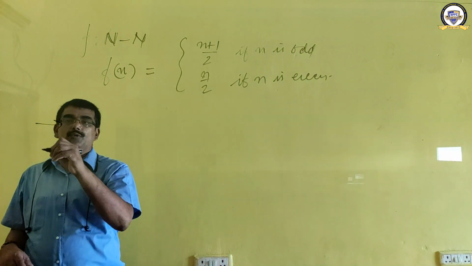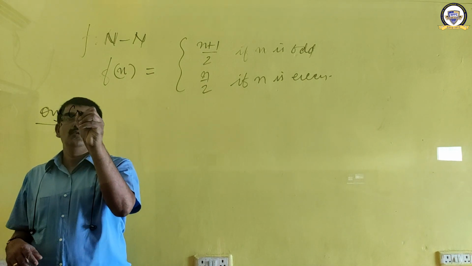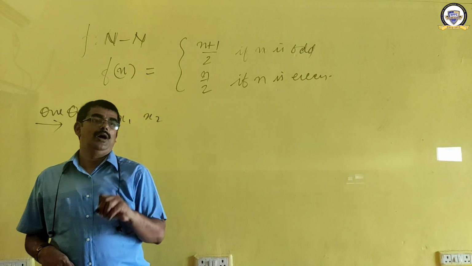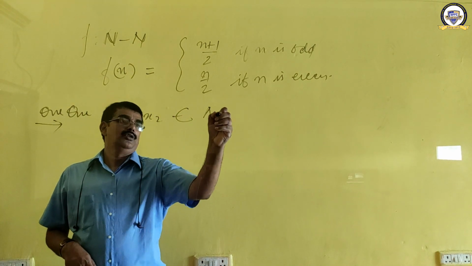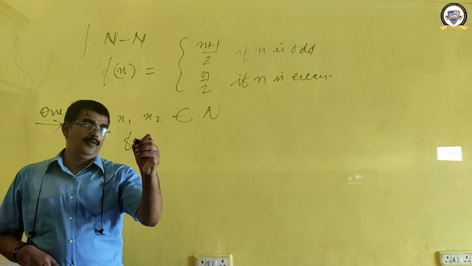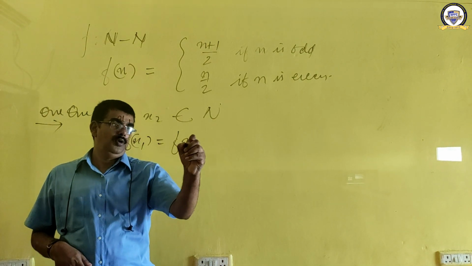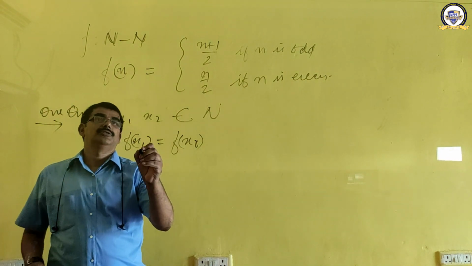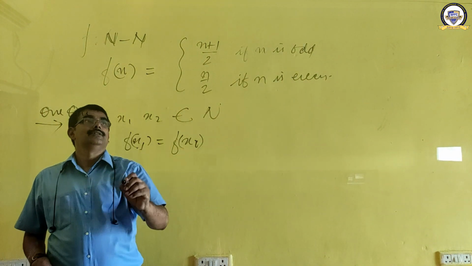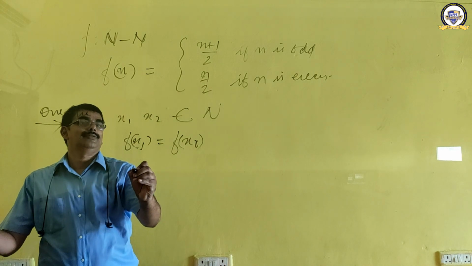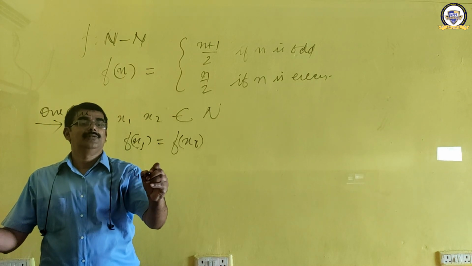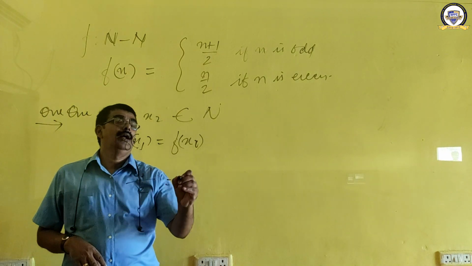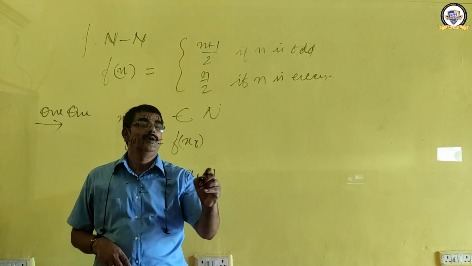If you want to prove bijective, first of all we have to prove one-one. For that we take x1, x2 as members of the natural numbers. Then f(x1) should be equal to f(x2). We substitute: f(x1) is (x1+1)/2 and f(x2) is (x2+1)/2.